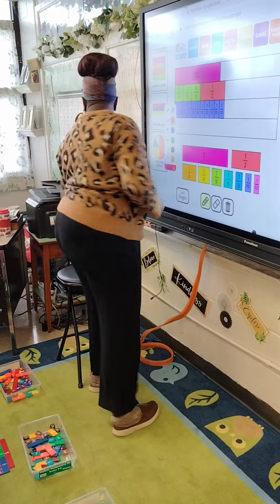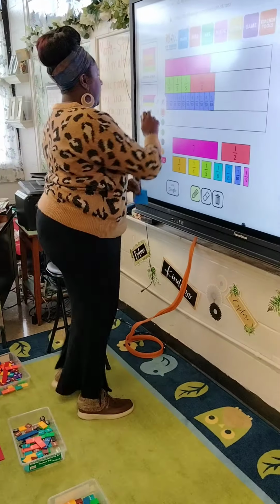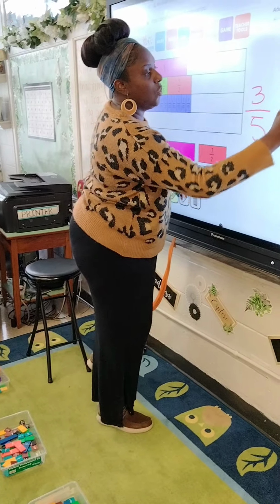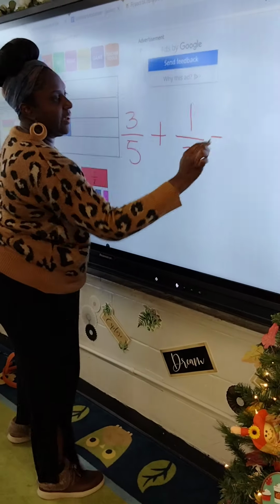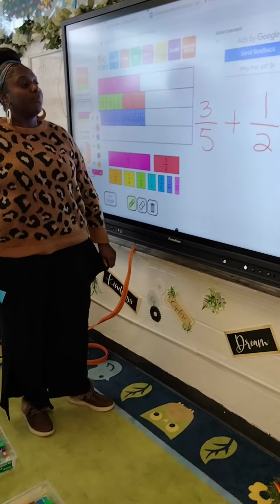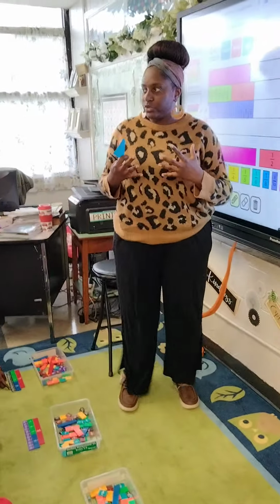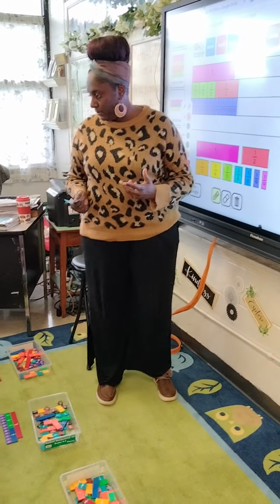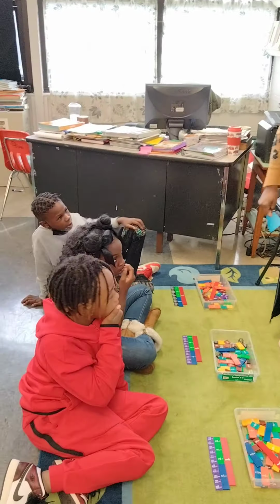Okay, so let's work on our problem. Our problem was 3/5 plus 1/2, right? And we said the answer was 11 tenths. So let's test it out. Did we add straight across to get our answer? How do we know that? Because 3 plus 1 is 4, not 11.